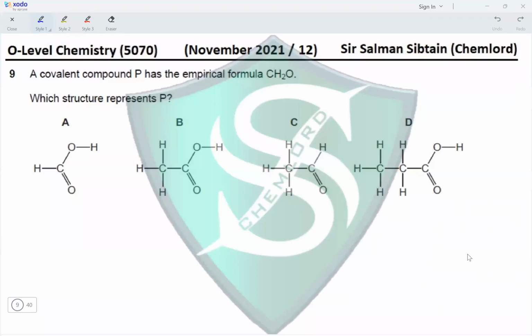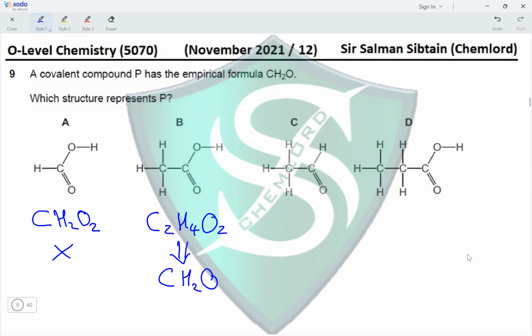Question 9. A covalent compound P has the empirical formula of CH2O. Which structure represents P? Let's find out the formulas. For A, there is one carbon, there are two hydrogen, and there are two oxygen. So A is incorrect. B, we have got two carbons, four hydrogen, and two oxygen. This can be further simplified into one carbon, two hydrogen, one oxygen. This is the correct option.